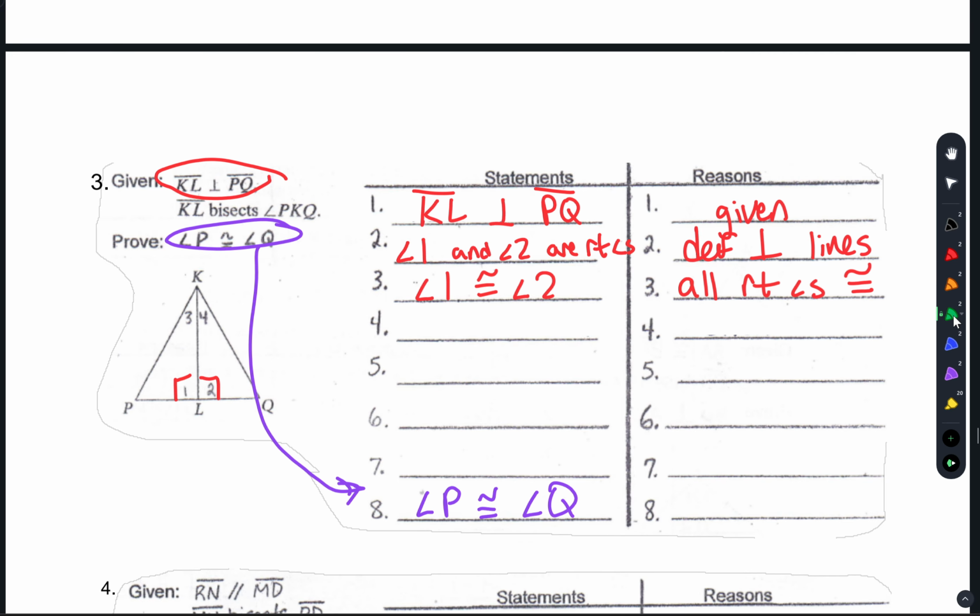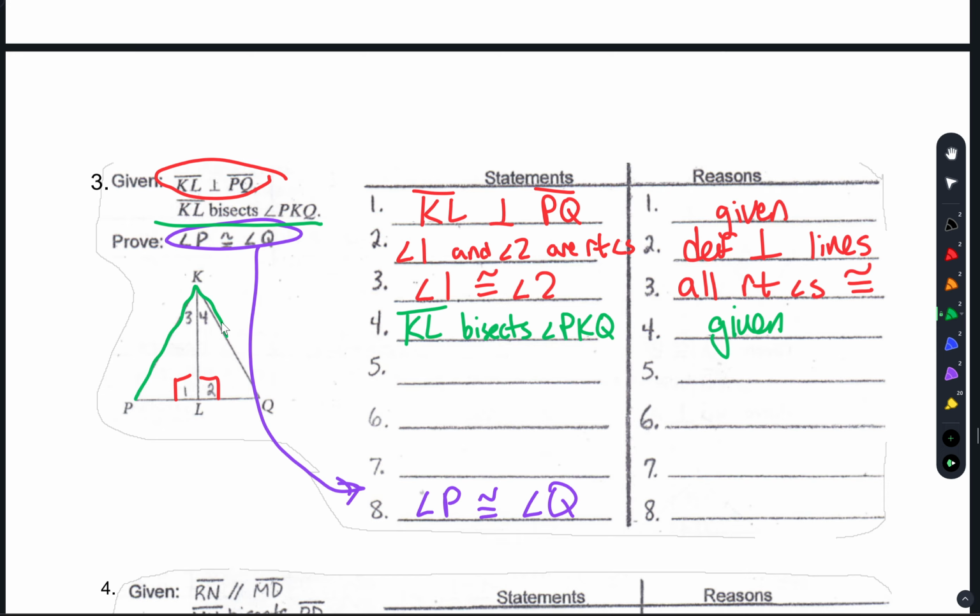KL bisects angle PKQ. That doesn't tell me something is congruent. What does that tell me? Or what is my next step? Kaylin?